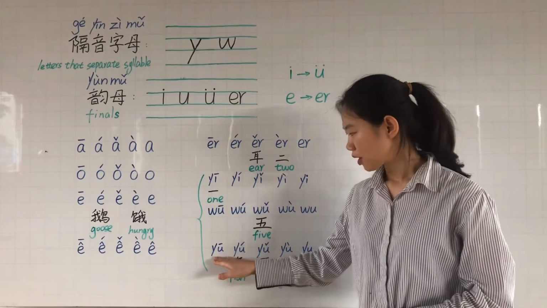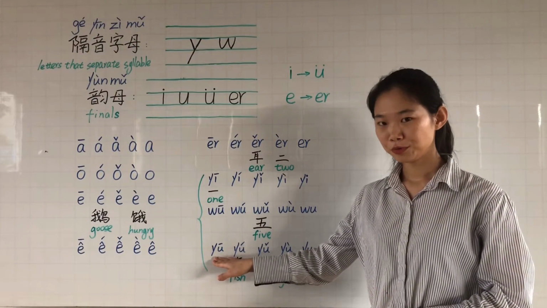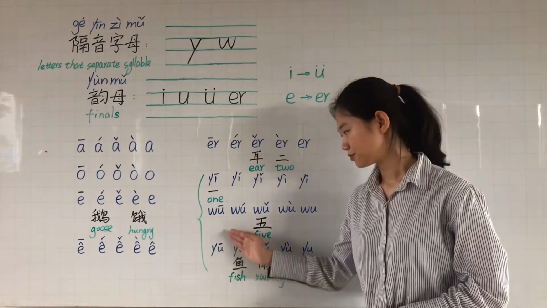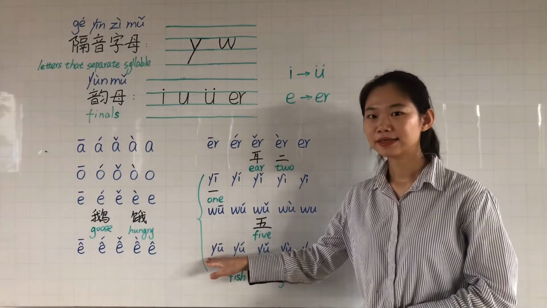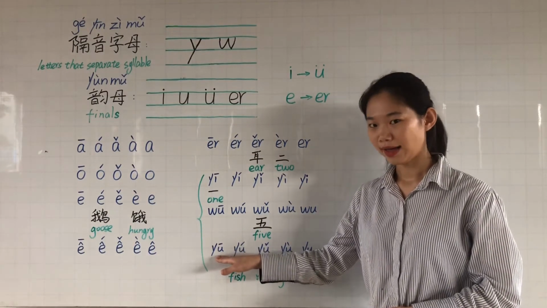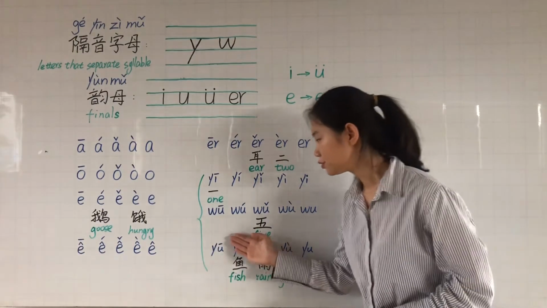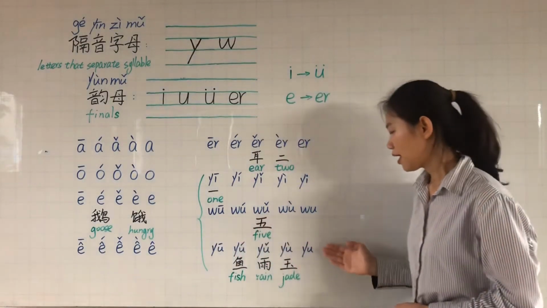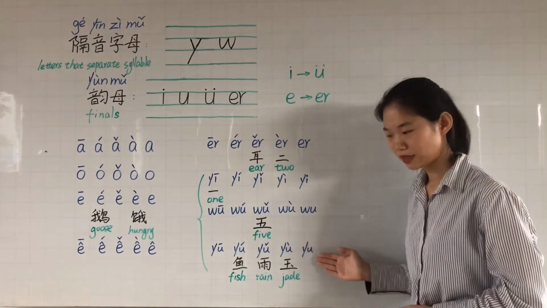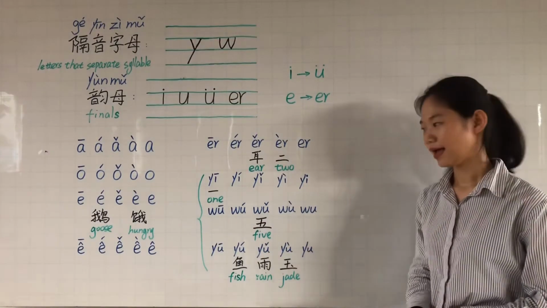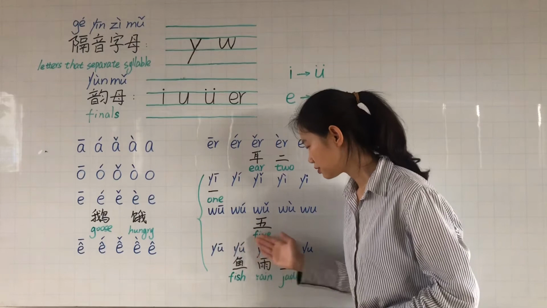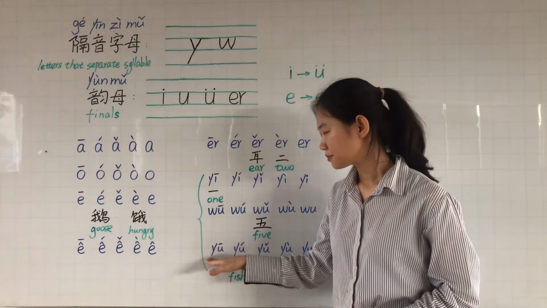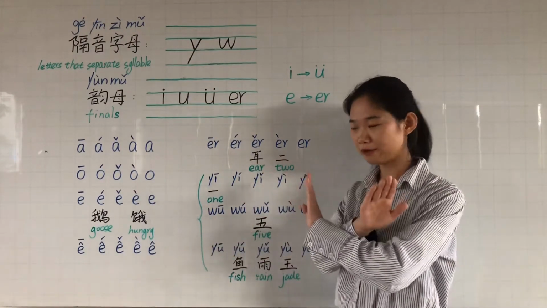The third one, yu. When yu forms a syllable by itself, we need to place y before yu, and also remove the 2 dots on u, including the neutral tone, and put the tone mark above u, because yi cannot combine with wu.